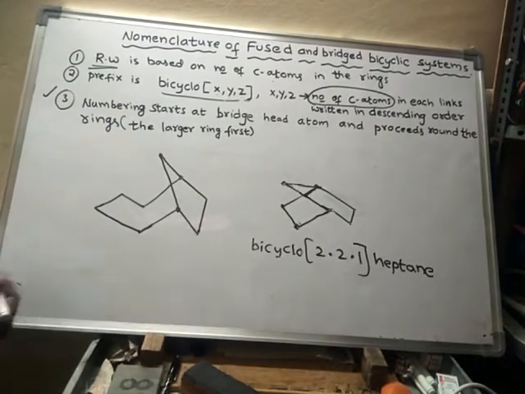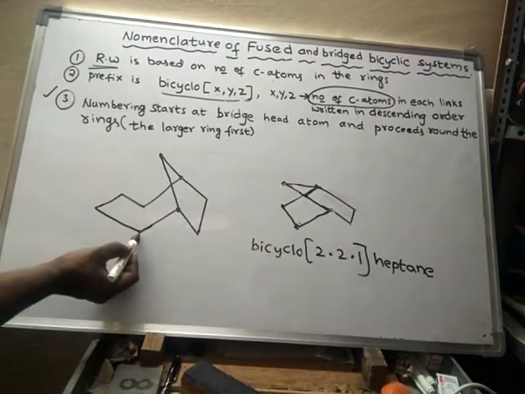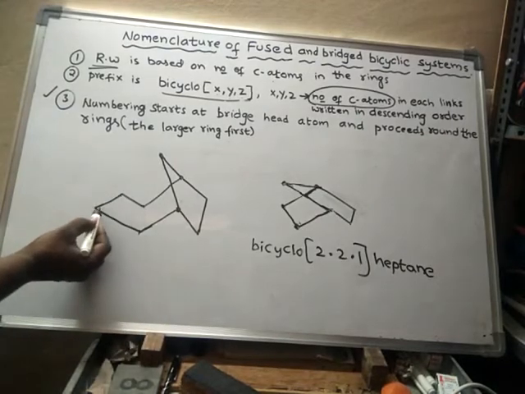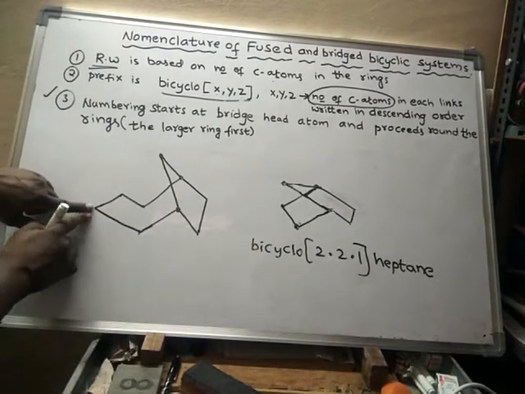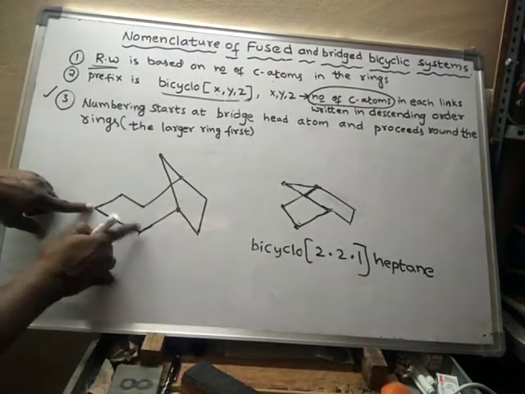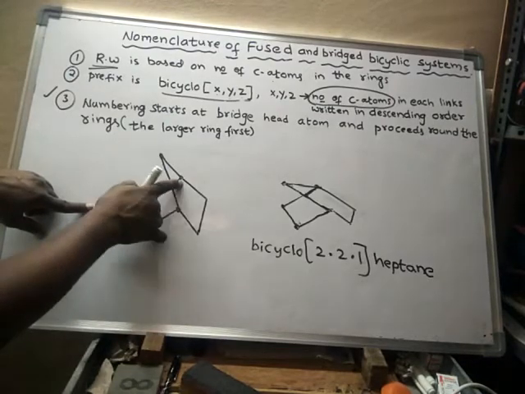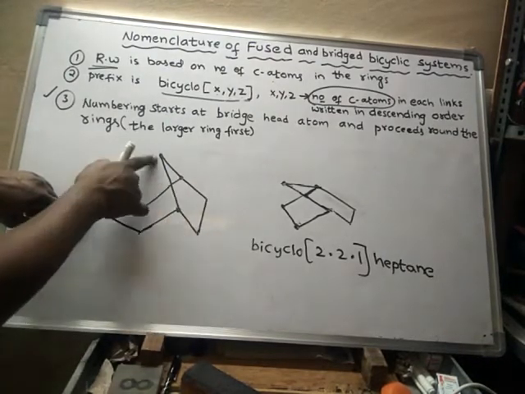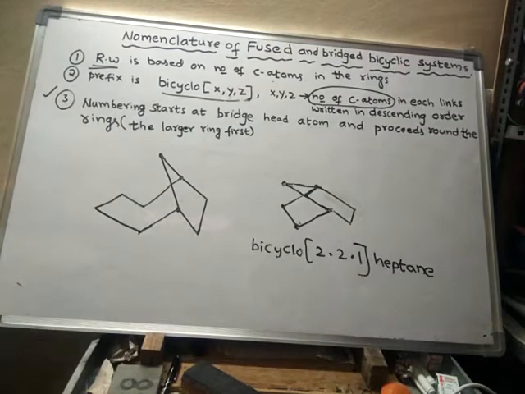Again, how many carbons are there? 1, 2, 3. I'll start from here: 1, 2, 3, 4, 5, 6, 7, 8, 9. Hence it is nonane.